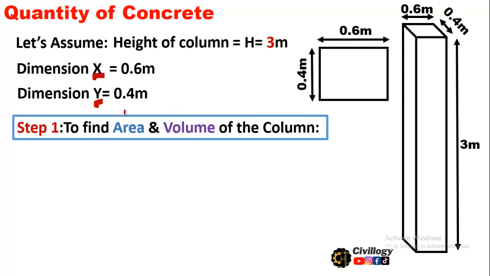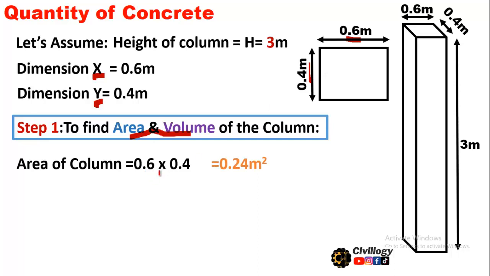Now the first step is to find the area and volume of the column. As this is a rectangle, its area is simply one dimension multiplied by the other, so the area will be 0.6 multiplied by 0.4, which is equal to 0.24 square meters.